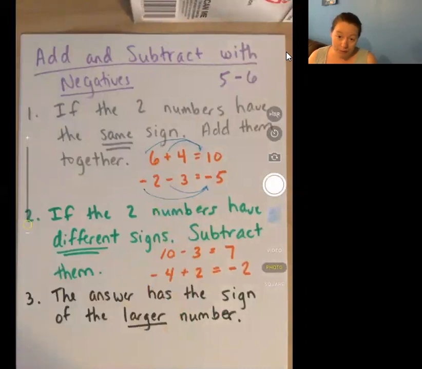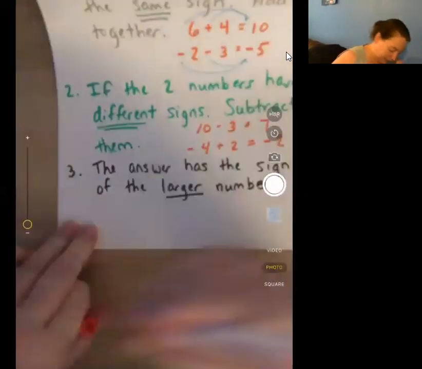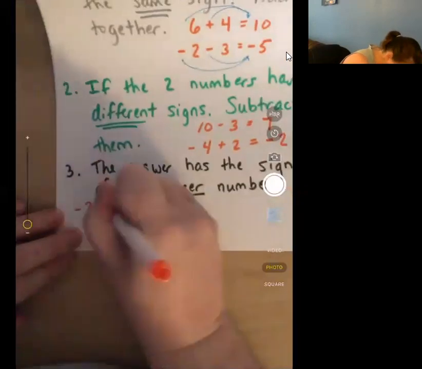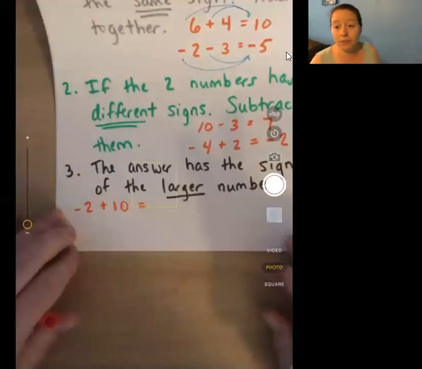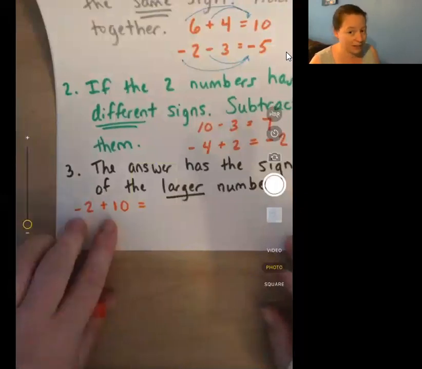Okay? We can put these numbers in any order that we want. So I can do -2 plus 10. I can do that if I want to. They are different signs, so we find the difference.